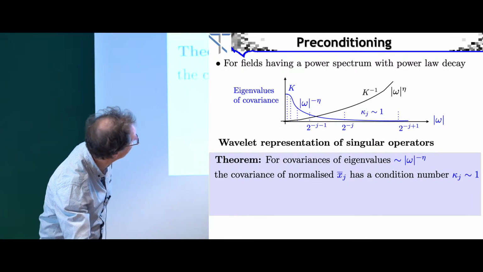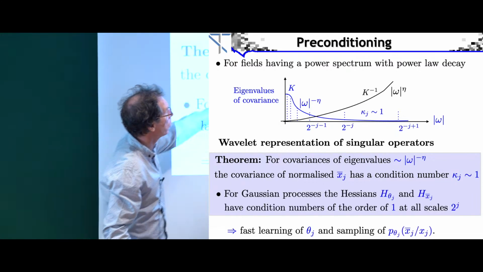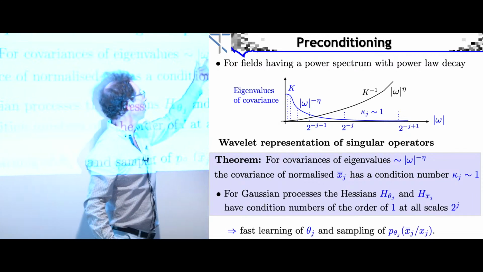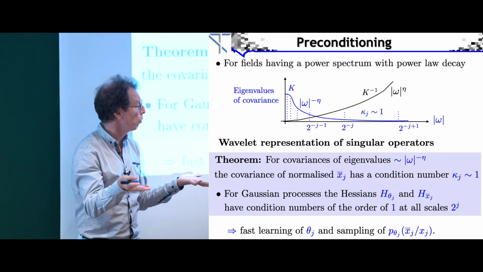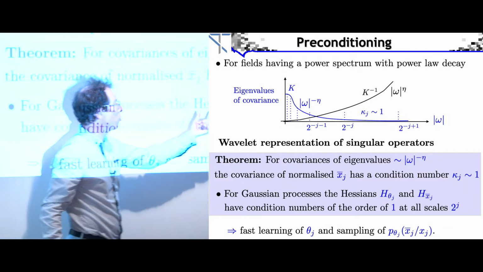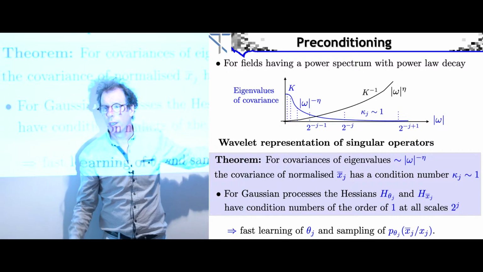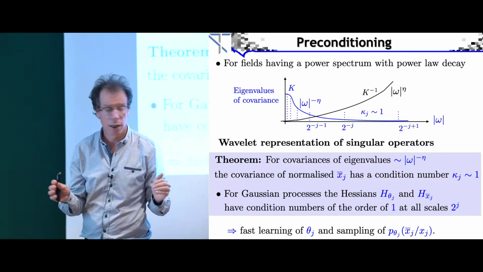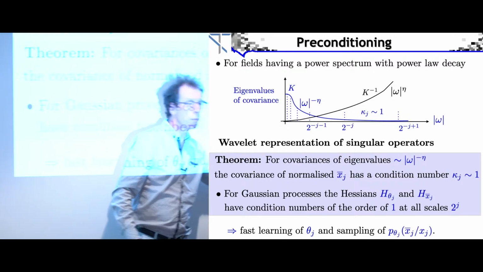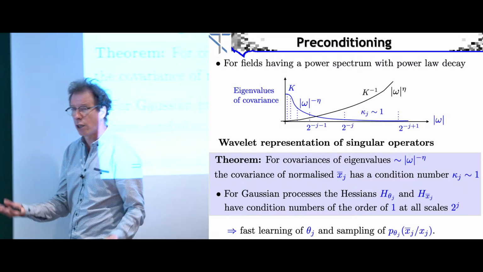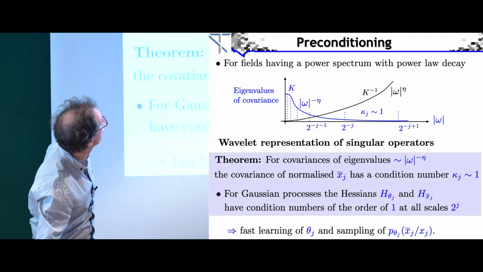And that's what this theorem tells you: if you take a singular operator which has eigenvalues that grow like omega to the power minus eta, after renormalizing, all your Hessians have a condition number which remains of the order of 1, whatever the scale. What that means is that you're going to have a fast learning of the parameters and a fast Langevin sampling, but here it's trivial because it's a Gaussian process.